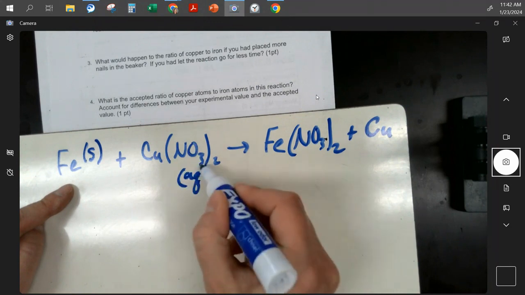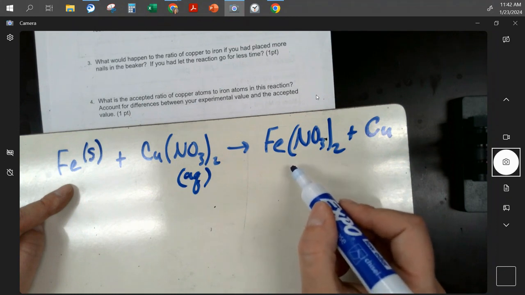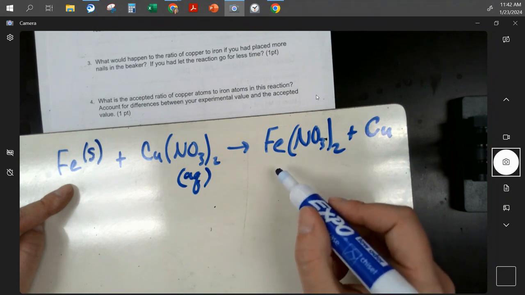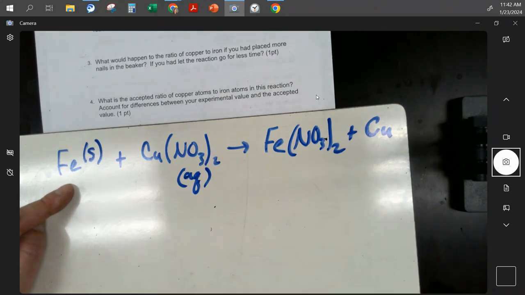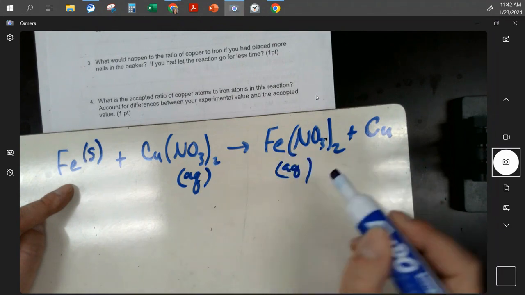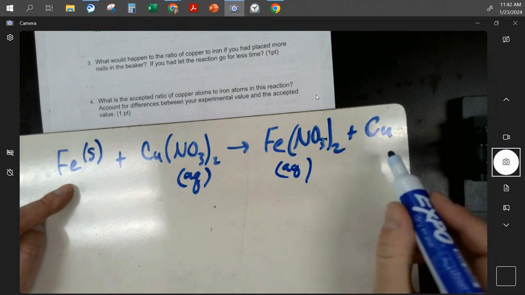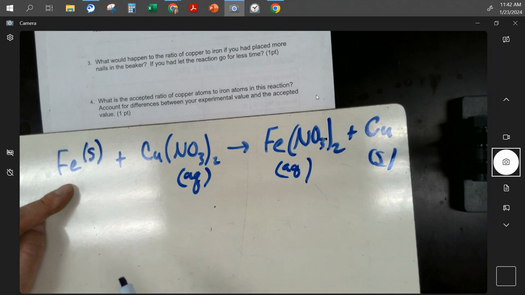Good. Dissolved in water. How about this one? Iron nitrate. Well, yes, it should dissolve in water. When we went in there, your samples were evaporated. But this one should be aqueous because it will dissolve and you can pour that off. And what about the copper? The copper was solid.